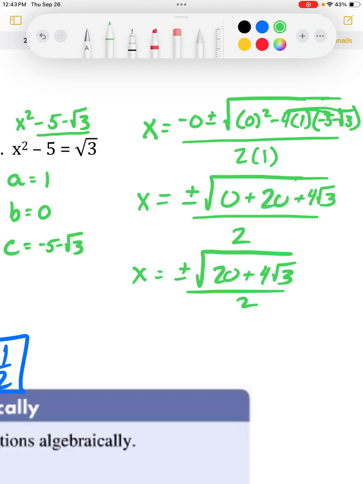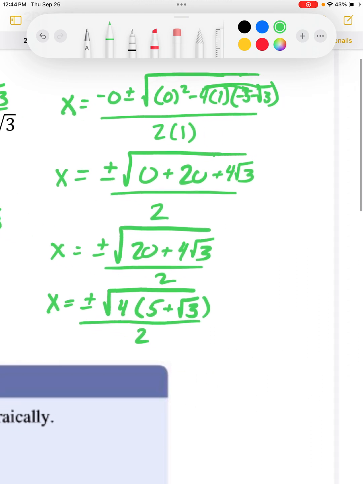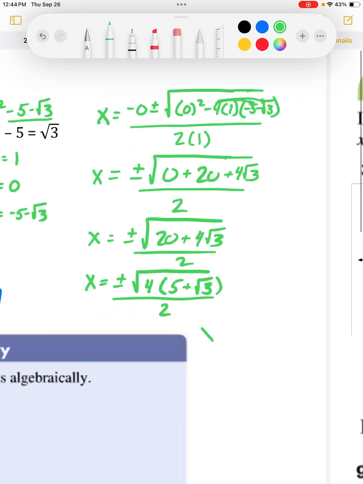Now I can factor a 4 out of this. So it now looks like this. Well, here's the thing. The square root of 4 is 2.